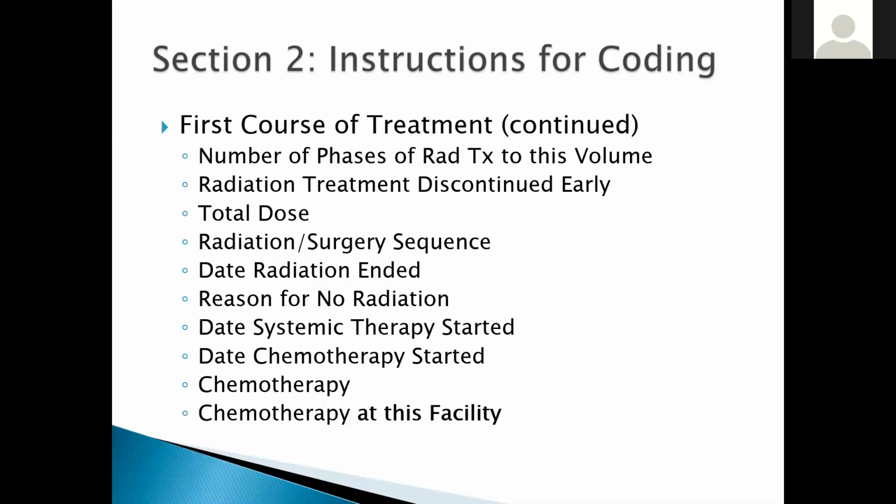Or was there no systemic therapy or surgical procedure done? Data fields like this can make running reports less cumbersome. So that's why it's easier to run reports on this type of data field than it is on a treatment field.